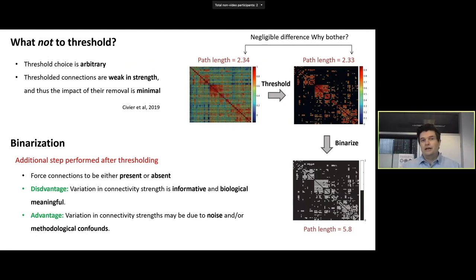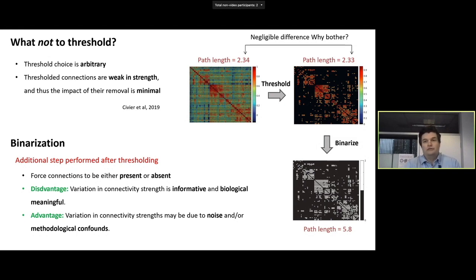There is one further step that can be done. Once we've thresholded our network, we can also then go on and binarize the network. And this is where we're only interested in knowing whether a connection is present or absent between a pair of nodes. We throw away the information about connectivity strength, whether that be functional, the correlation coefficient, or the streamline count. The disadvantage of binarization is that this variation in connectivity strength is most likely to be informative and biologically meaningful.